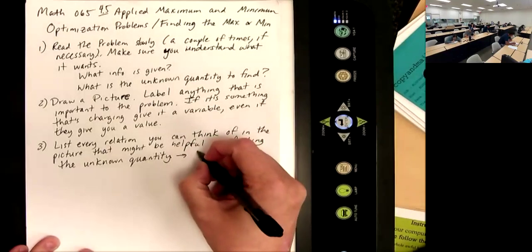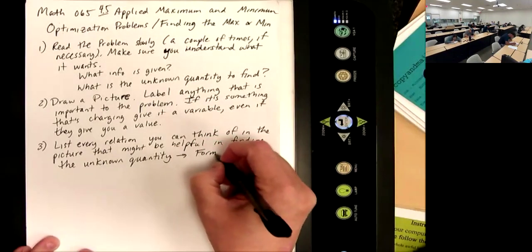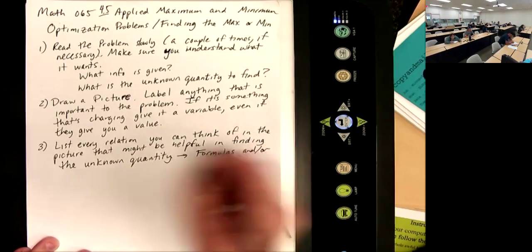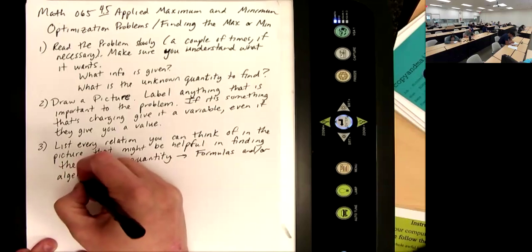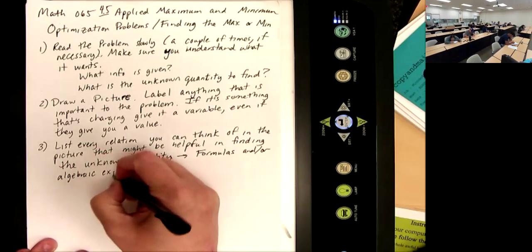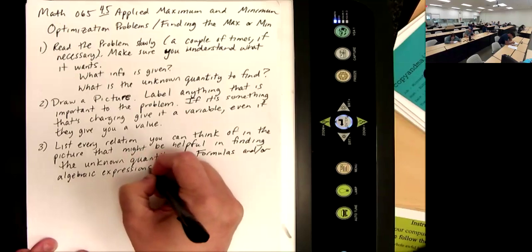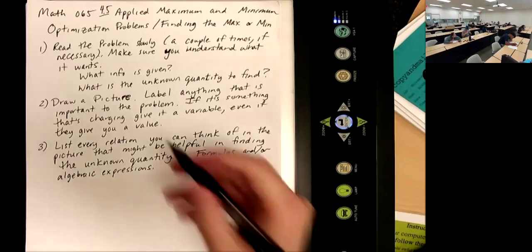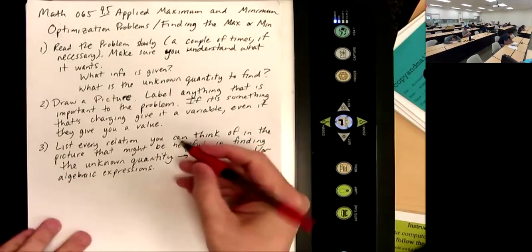These are quite often formulas or algebraic expressions. And identify the unknown quantity in terms of this stuff.